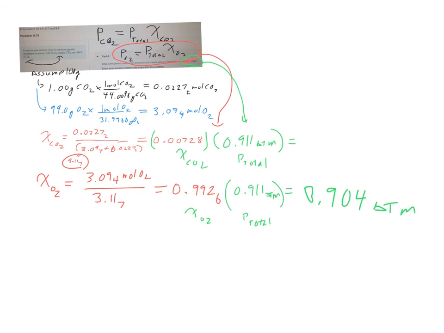And for carbon dioxide, 0.00728 times 0.911 gives 0.00663 atm. And that's it.